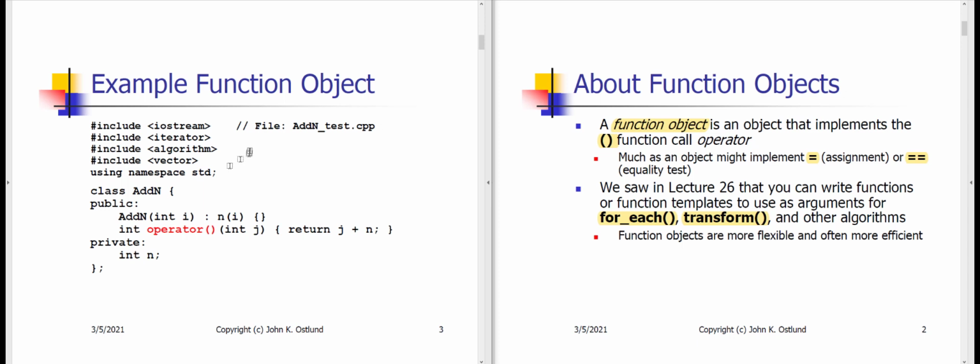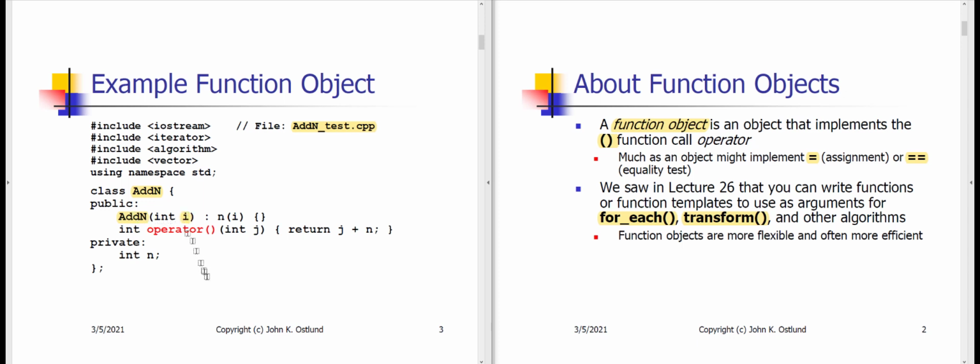So here is an example. This is a file that you can look at in the example code files for Lecture 27. We have a class named addN, and this class is incredibly simple. It supports exactly one constructor.